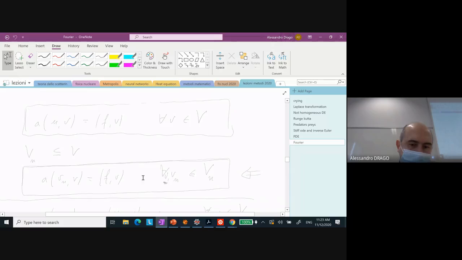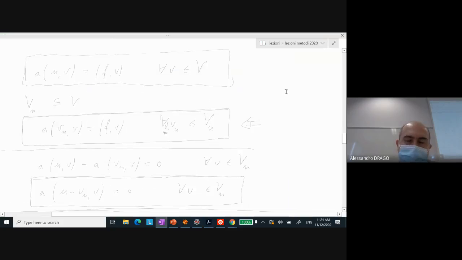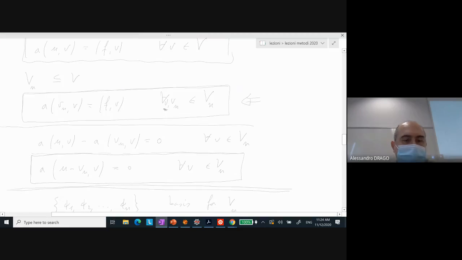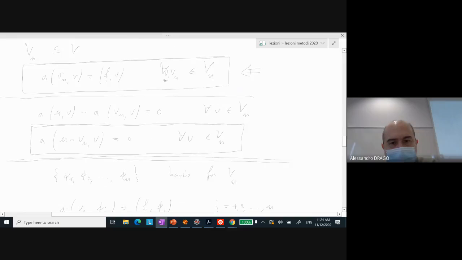Still, this equation, the one that we are really going to solve, does make sense because it is easy to show, as we have done here, that Vn obtained by solving this equation is indeed the best approximation to the exact solution within the subspace Vn. Okay, so this is the second step.